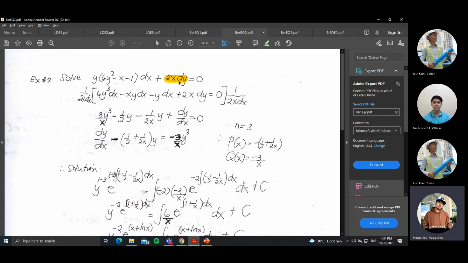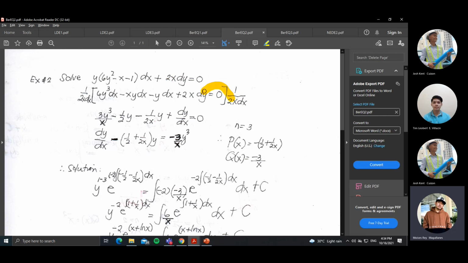So in order to reach our standard form, we divide by dx, and to remove our 2x, we multiply by 2x as well. So we multiply by 1 over 2x dx.